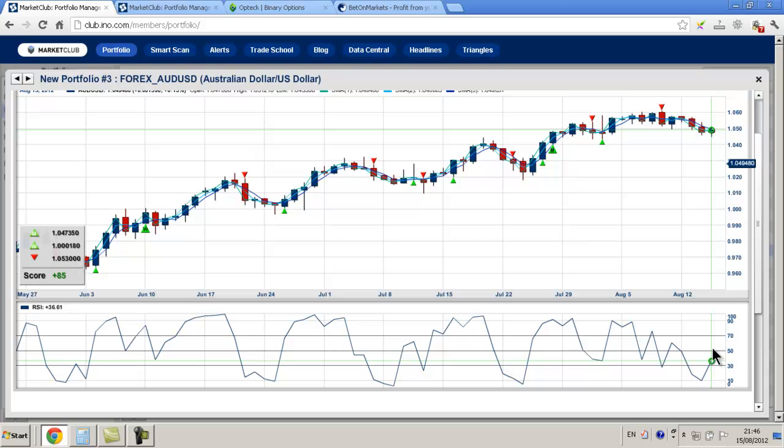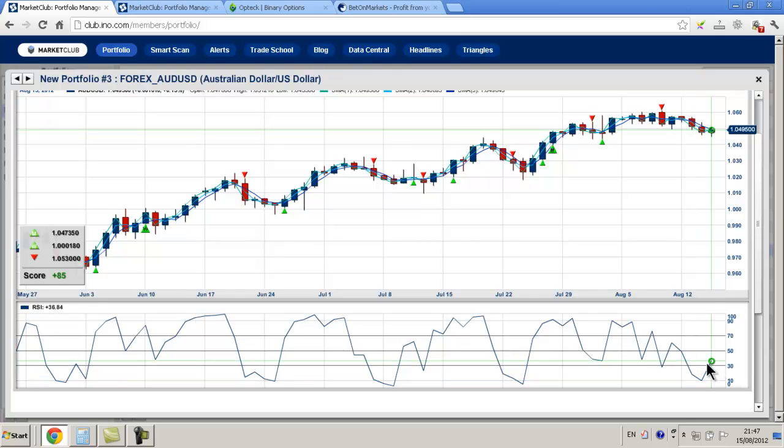Now the way I like to use it is I'm looking for strength. So if I'm going to enter a trade and I'm looking for a call option to go up, I want to make sure that the strength of whatever I'm trading, and we're going to look at 1 hour trades shortly, is over 50. If it's over 70, it's even better for me.